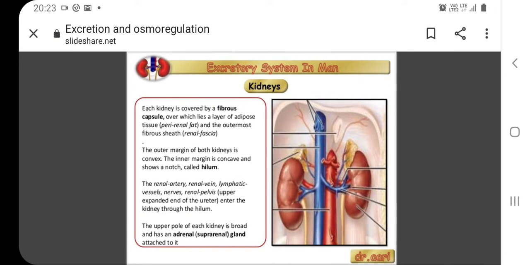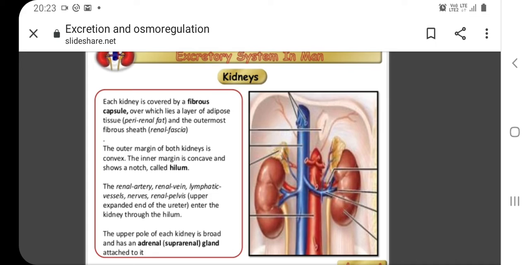Each kidney is covered by a fibrous capsule over which lies a layer of adipose tissue called the perirenal fat and the outermost fibrous sheath called the renal fascia.